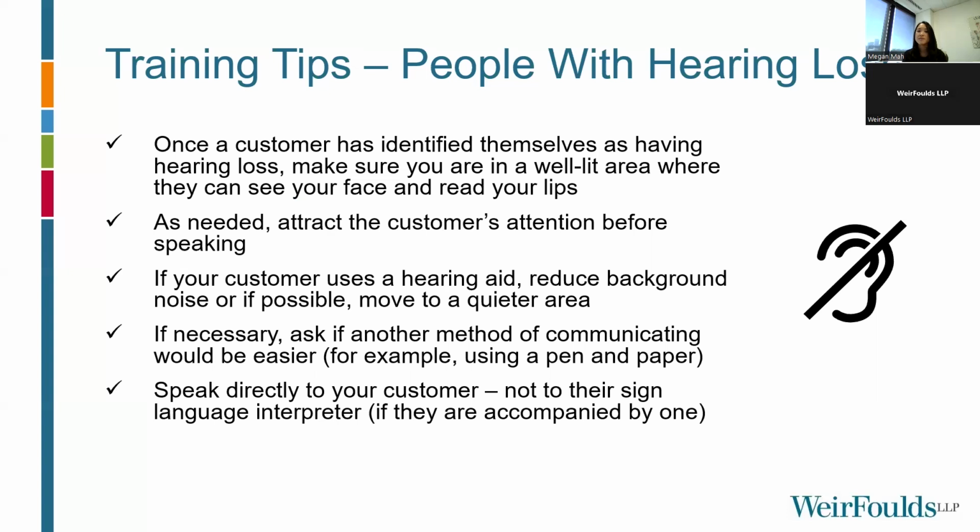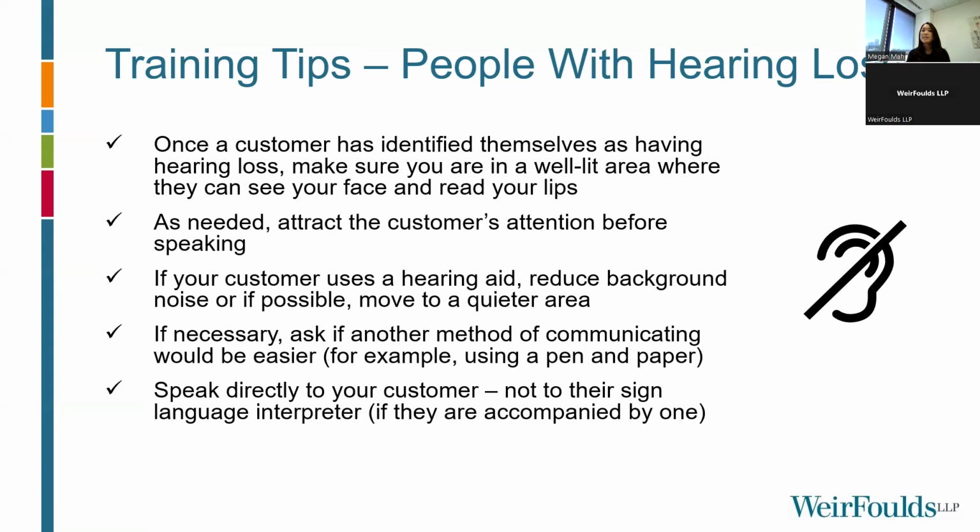people with hearing loss. So these tips include making sure that you're in a well-lit area where the individual can read your lips, making sure you're in an area with reduced background noise or moving to a quieter area within the space where it may be easier for that individual to communicate with you. Asking if another method of communication would be easier.